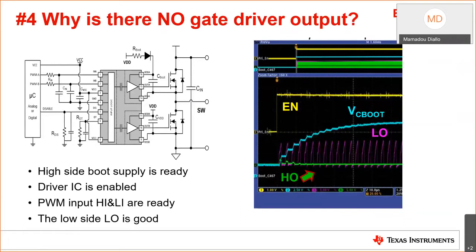The PWM inputs, HI and LI, are both on as well. The pink curve on the waveform shows the low side output switching normally, but somehow the high side output is flat, stuck at 0 volts, and no switching is occurring as shown by the green curve. What could be causing this issue and why?